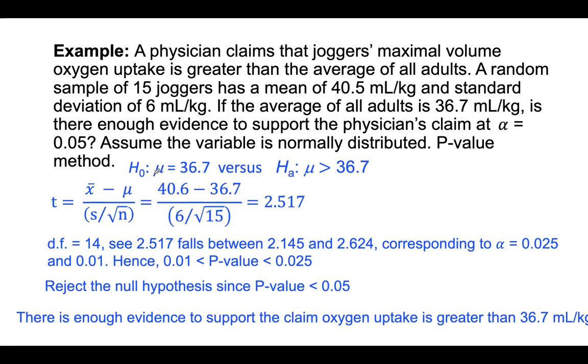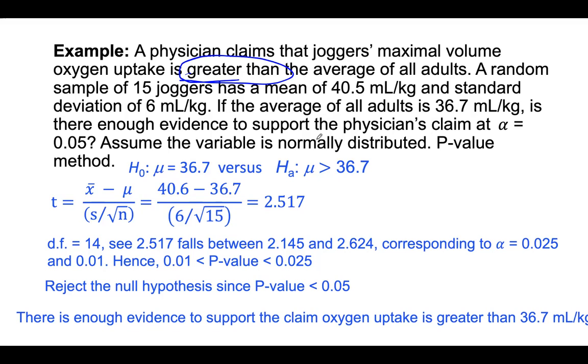So the null hypothesis is that mu is equal to 36.7. The alternative is, let's just read it again, that it's greater than the average of all adults. So that is the alternative, that mu is greater than 36.7.